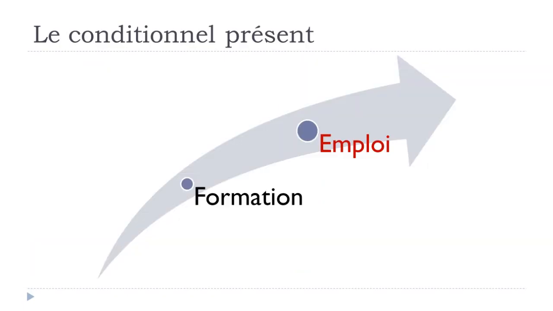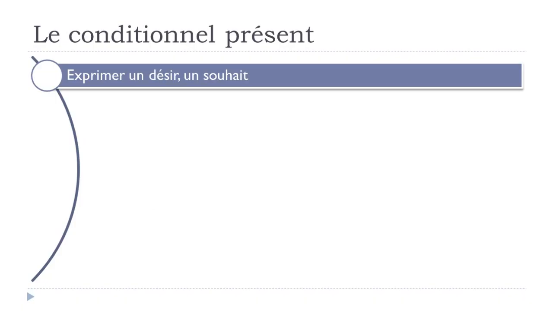Okay? And now let's see when we should use this conditionnel présent, because that's the most important thing. The first situation would be to express a desire or a wish, exprimer un désir ou un souhait.